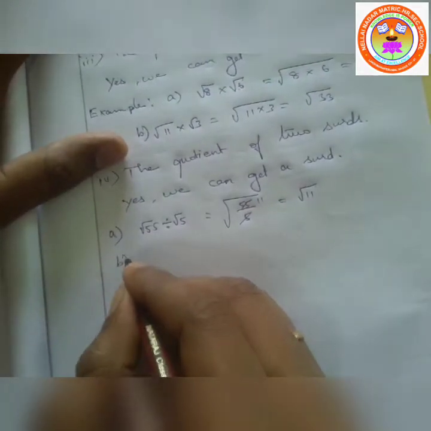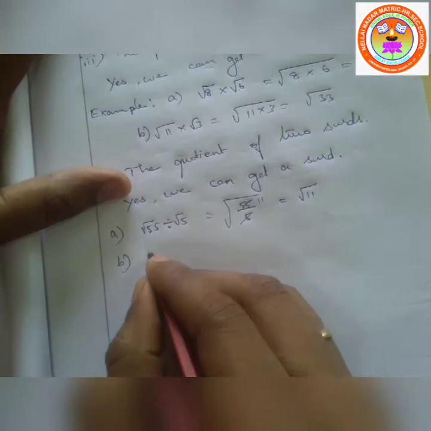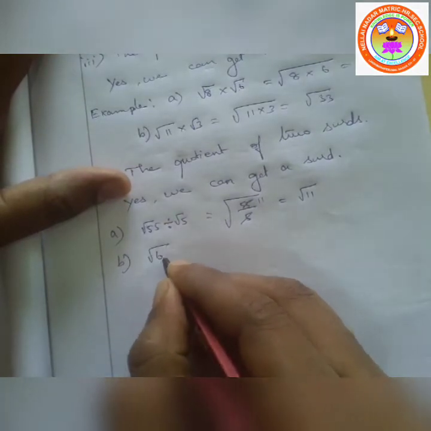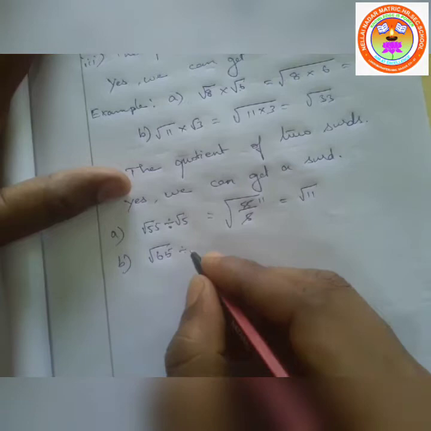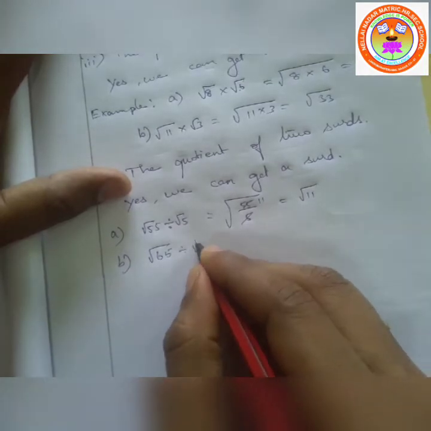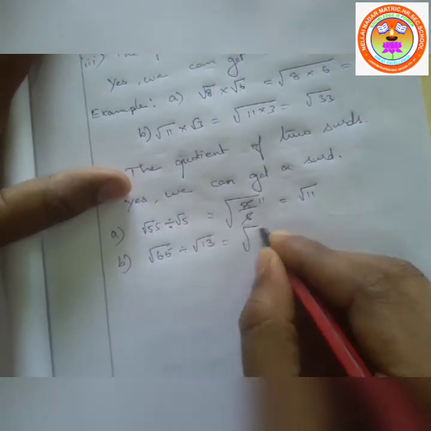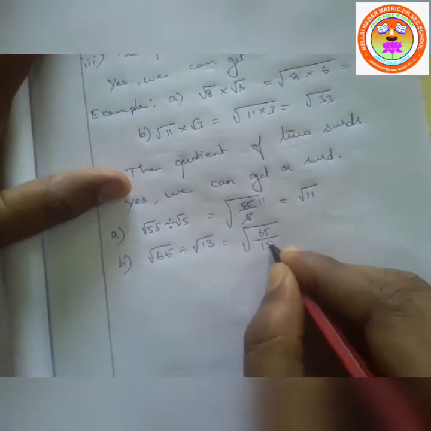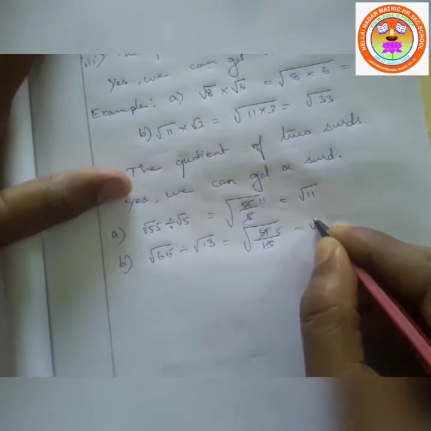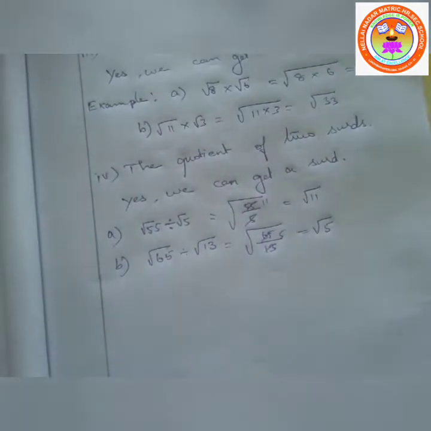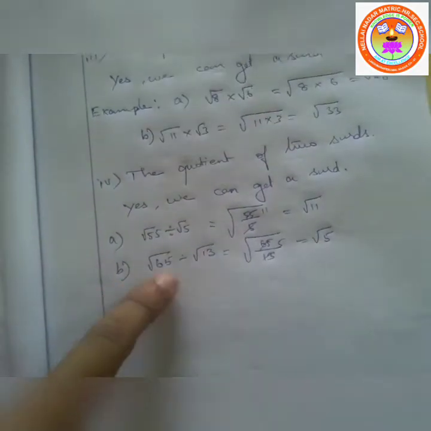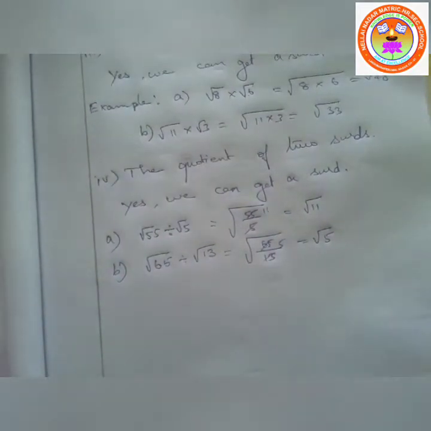Another example, B, root 65 divided by root 13. So root 65 by 13. So now you cancel it, you will get root 5. So again, if you divide two surds, you will get another surd only.